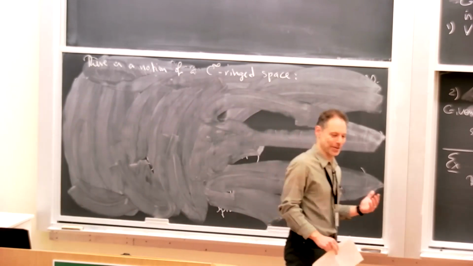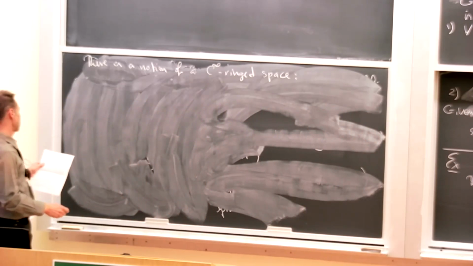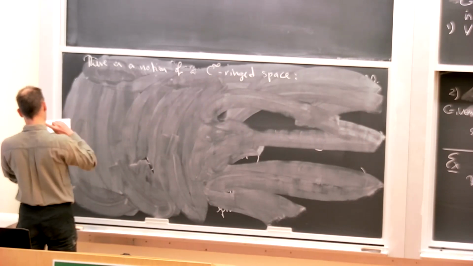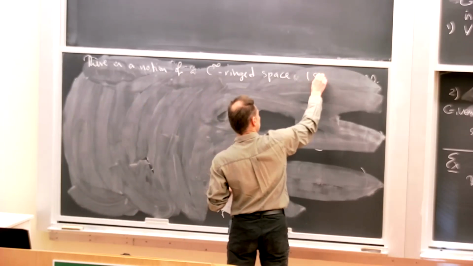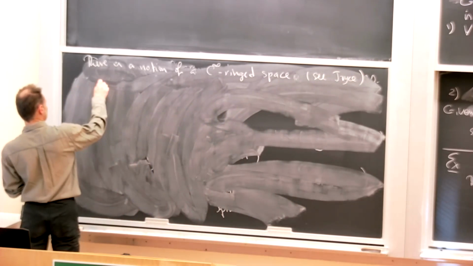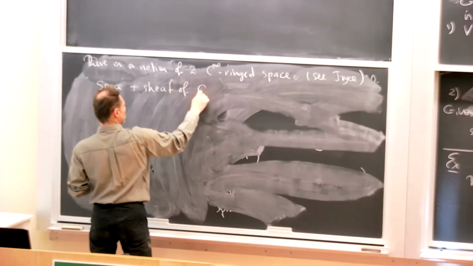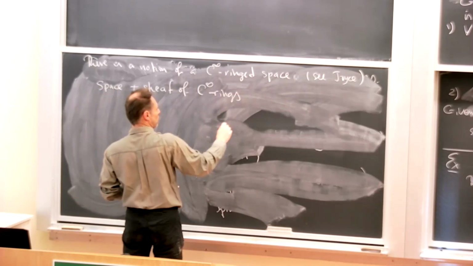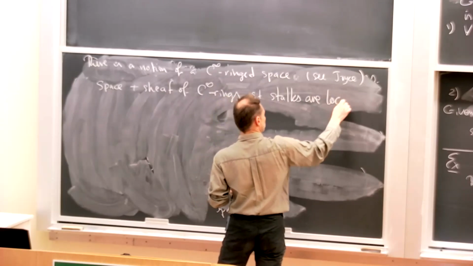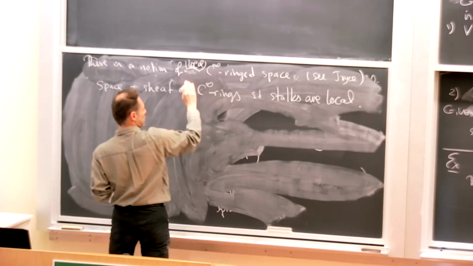I'm not sure. I don't know my audience, so I'm not sure which intuition I can appeal to. So what would it be? See Joyce. He has a book on it. It's a space plus a sheaf of C infinity rings such that the stalks are local. I guess I should say a local C infinity ring space.